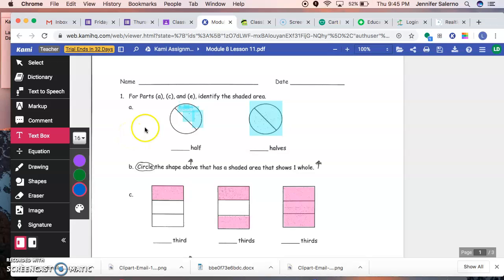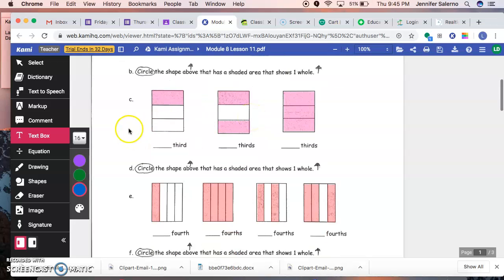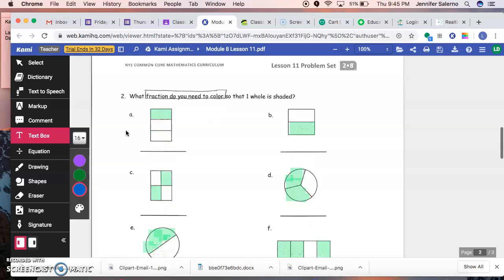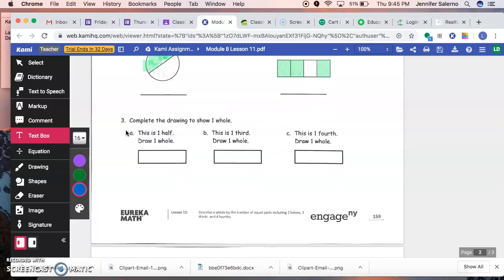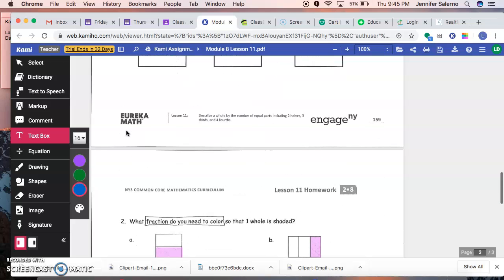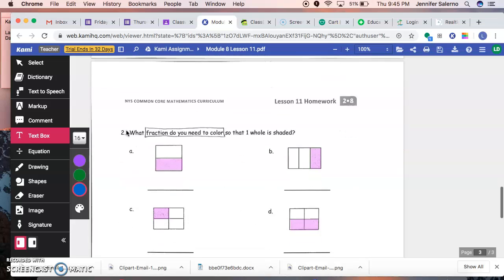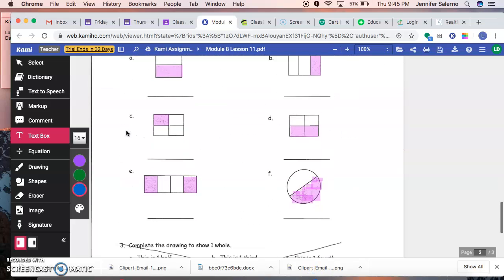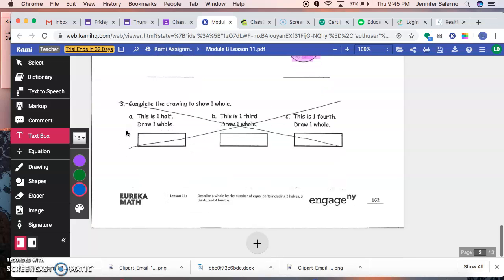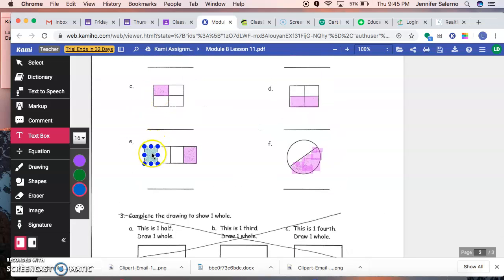I want to start off with, you're going to notice as I scroll through that everything is already colored in, and that's because it's hard to upload pictures that are already supposed to be colored. So I had to recolor them using Cami, which is another reason why I love this program, especially for virtual learning right now. It was already supposed to be colored.